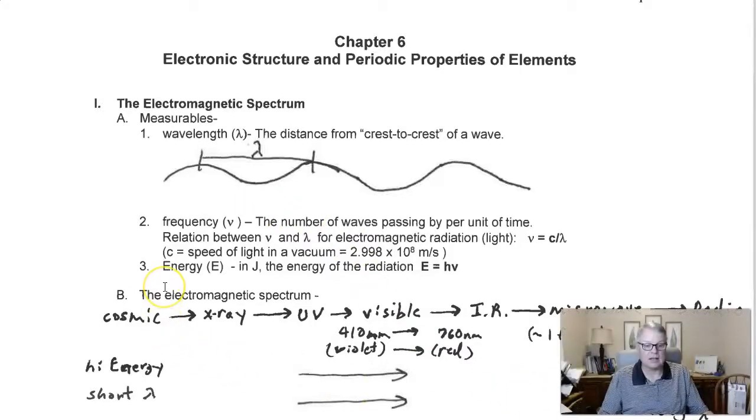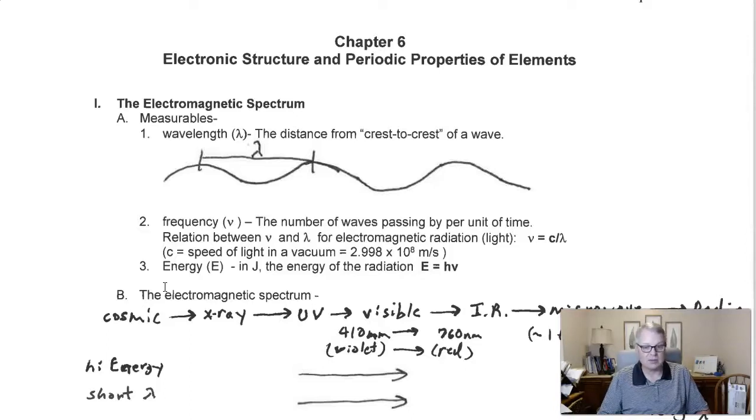That's not necessarily true of all waves, like sound waves, but in a vacuum, light travels at 2.998 times 10 to the 8 meters per second. That is the speed of light in a vacuum.